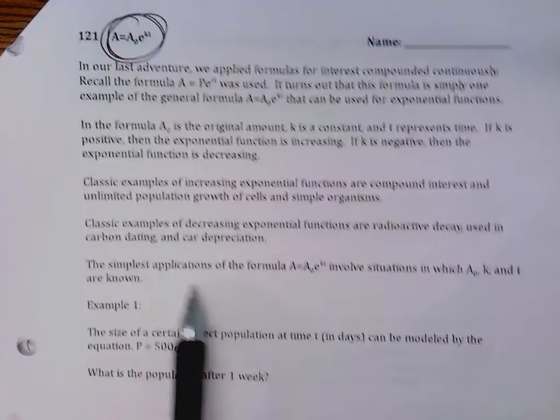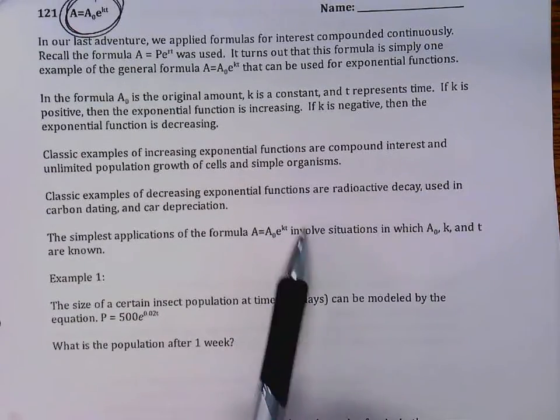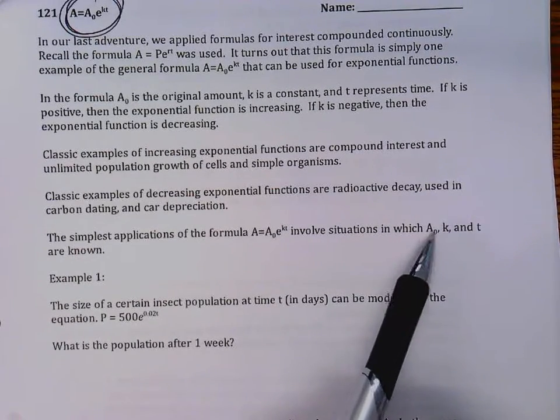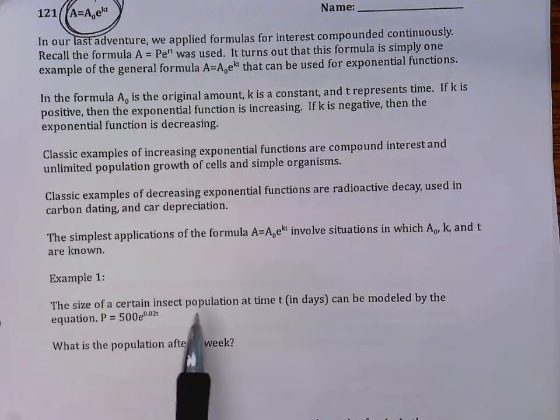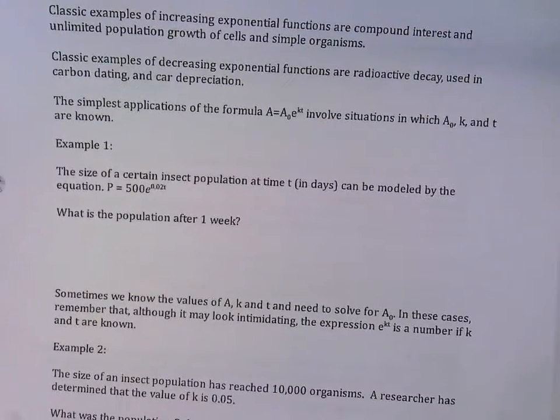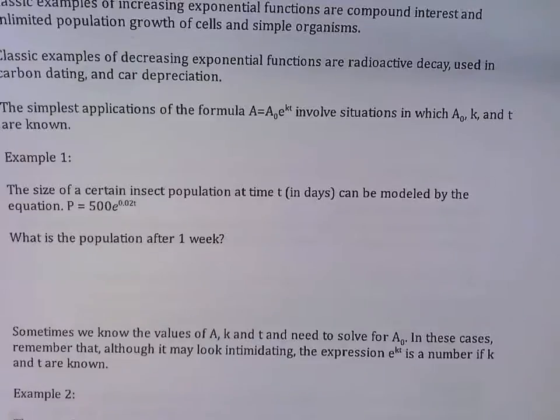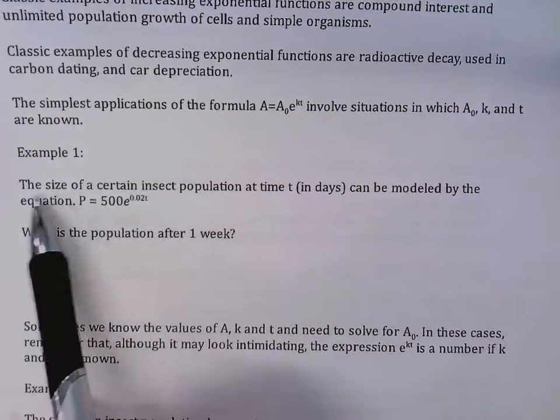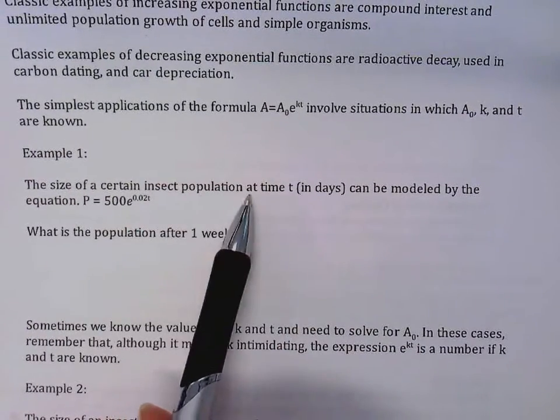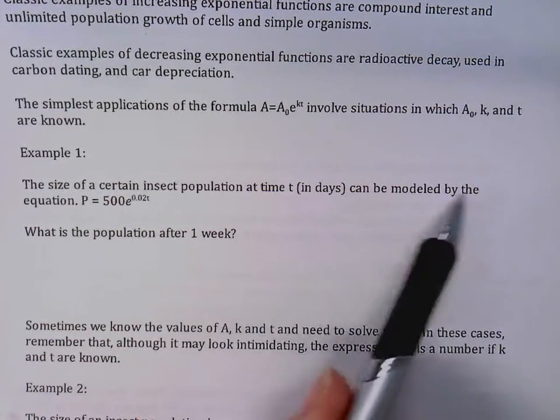The simplest applications just involve when you already know your initial amount, your k, and your t value. So example 1, we don't have to do a whole lot to solve this. I just want to show you that we're using this same formula. The size of an insect population at time t in days can be modeled by this equation.